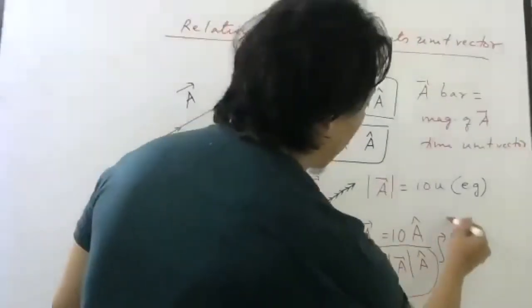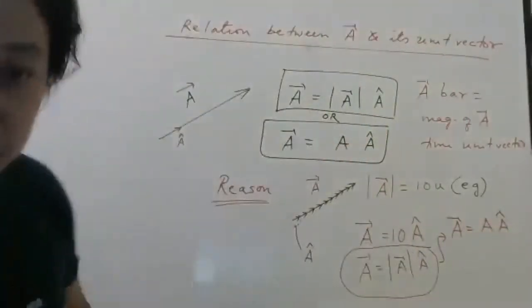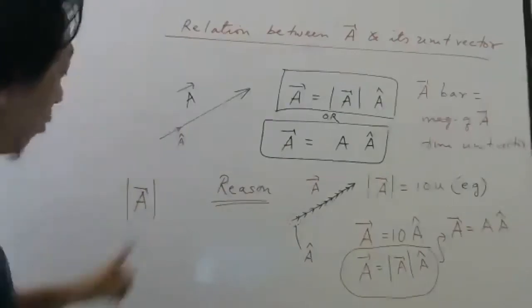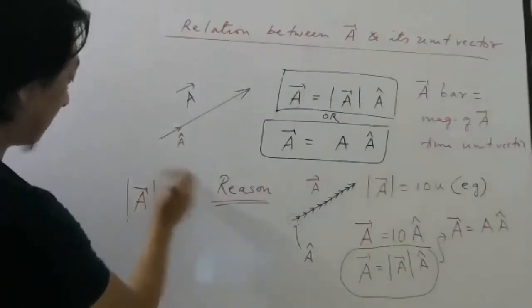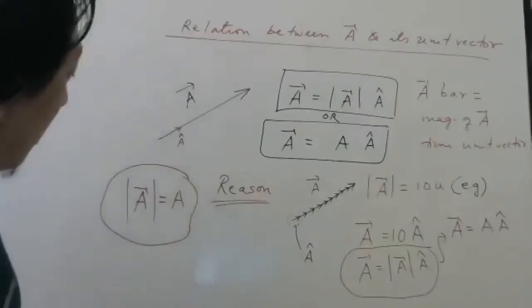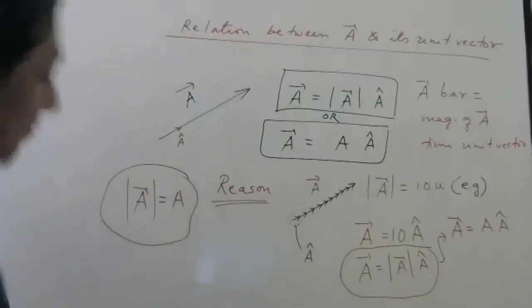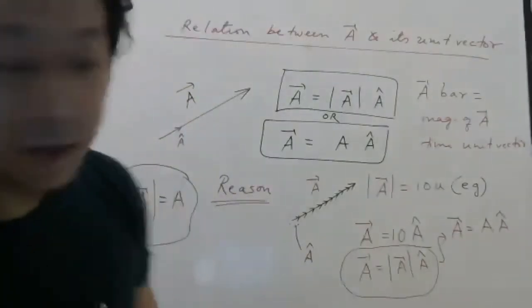At the end, you can write directly A bar equals A times A cap. In the beginning, I said no magnitude of any vector. You have two options. Either you can write like this, which is more exact, or you can simply write like this. Lazy people will usually write like this, because they don't want to do so many things. Both will be given marks.